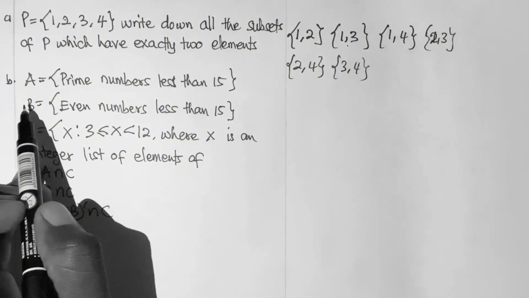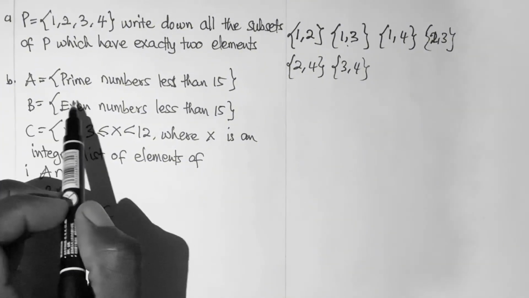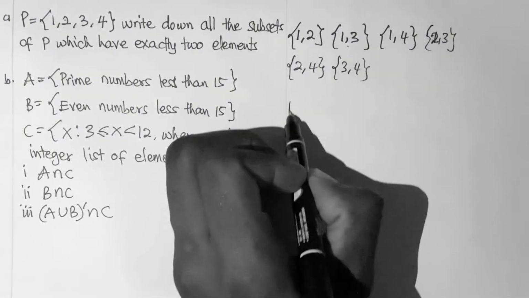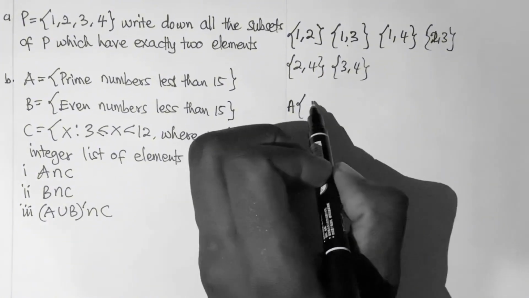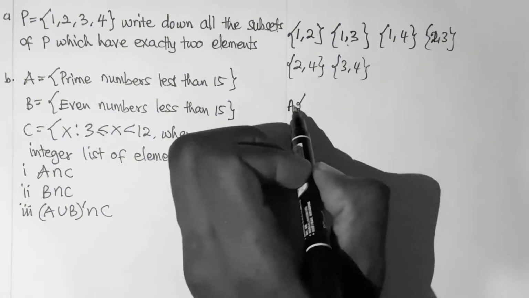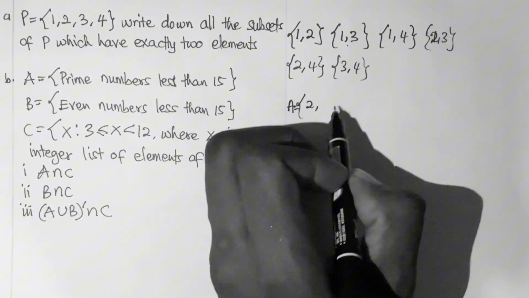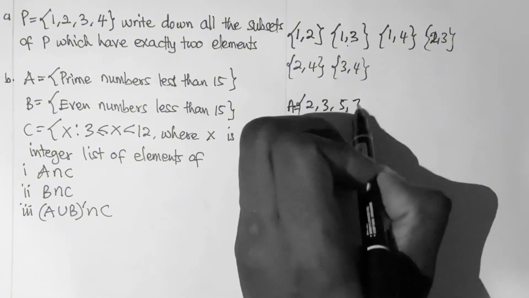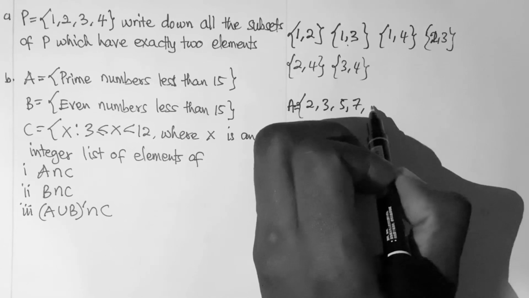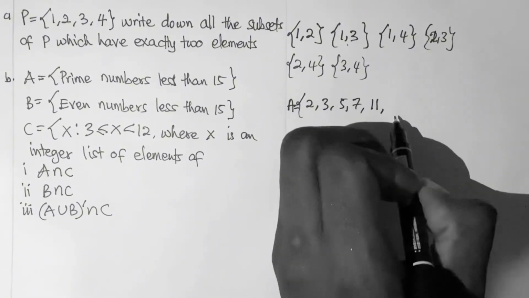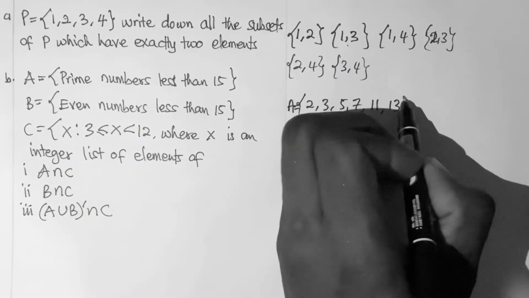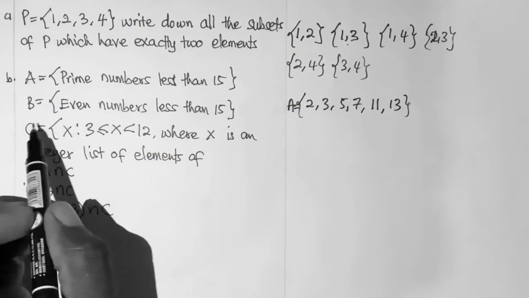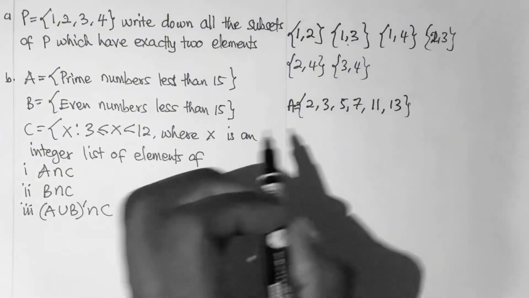Then when we come to the B part, it says that A is equal to the set of prime numbers less than 15. So let's write the set A. The first prime number is 2. Then we have 3, 5, 7, 11, and then 13. So these are the prime numbers that are less than 15. And then B is even numbers less than 15.